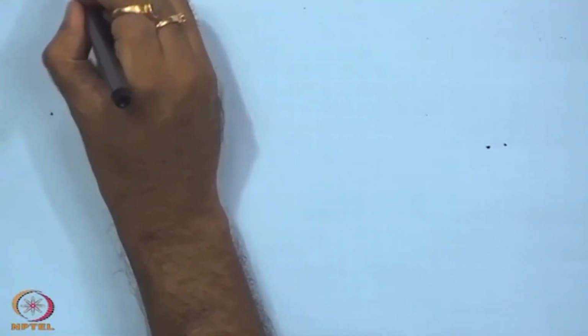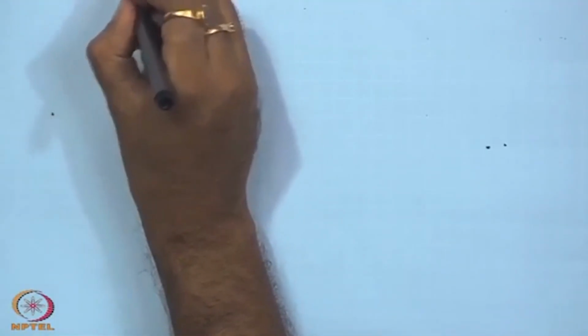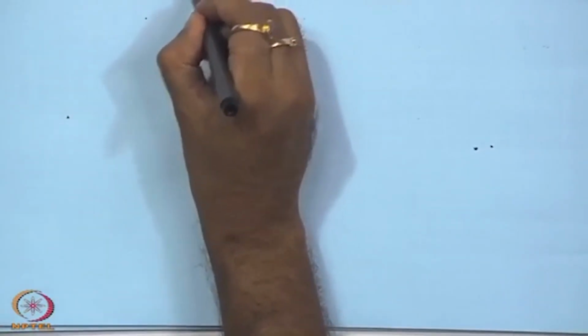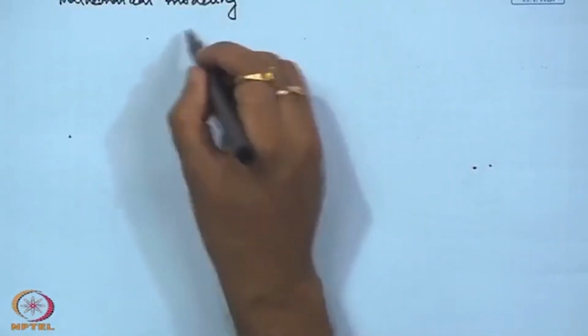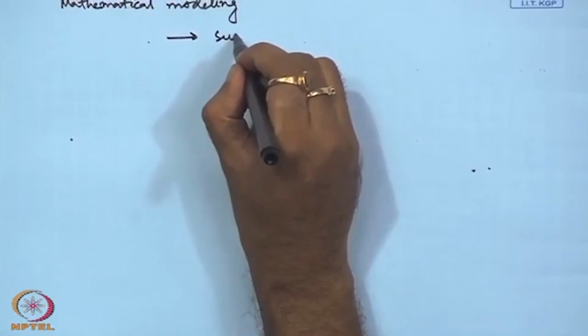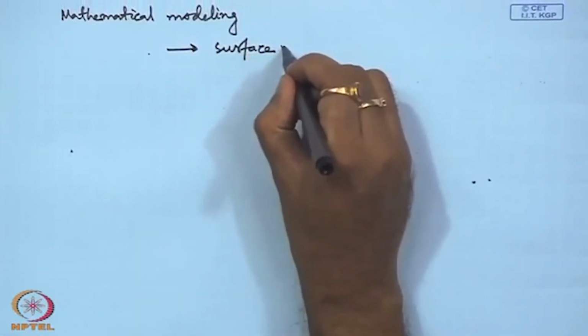So, to model this particular problem, we need certain governing equations for flow representation. So, for mathematical modeling, we need governing equations for surface water.